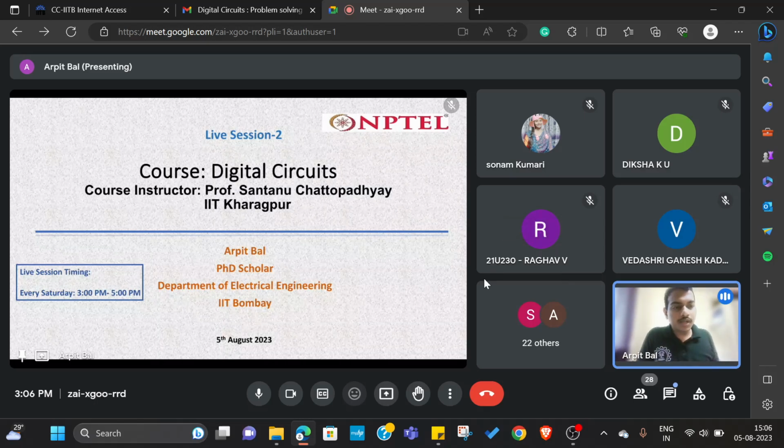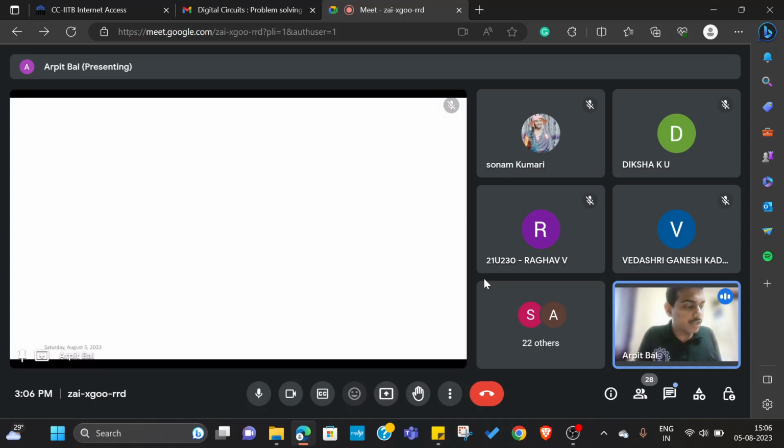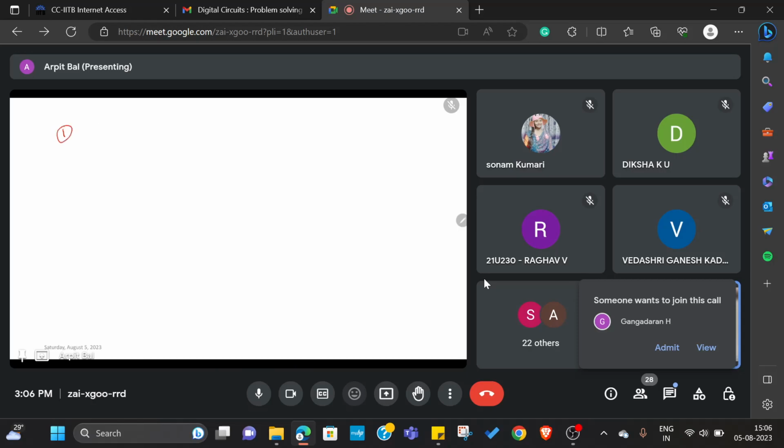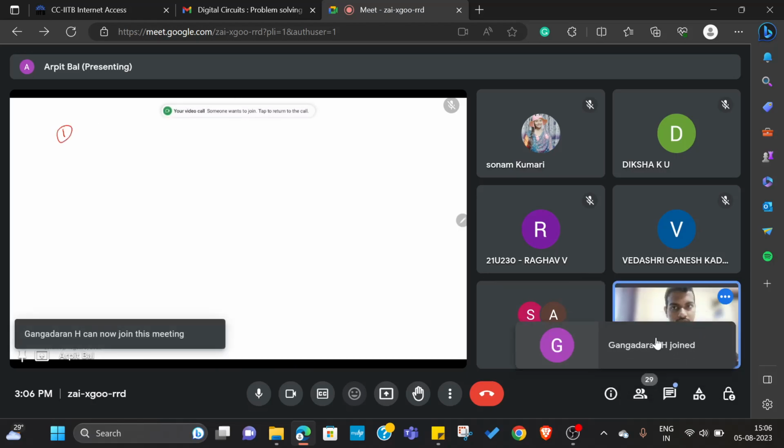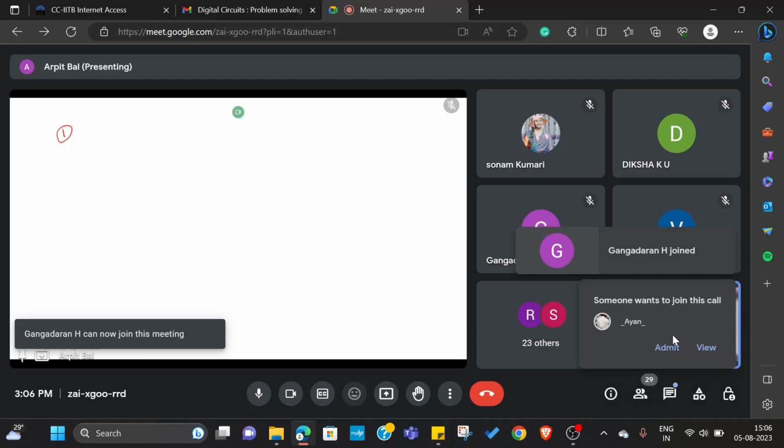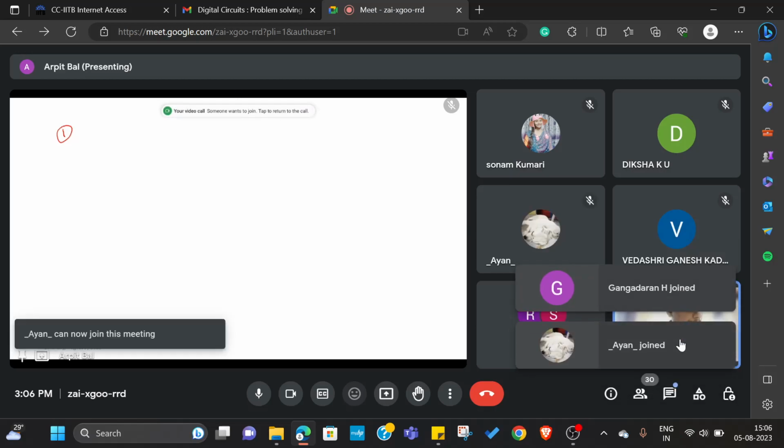First let me introduce a few basic things that we need to know before jumping to the problem. The first thing we need to know is the floating point number.